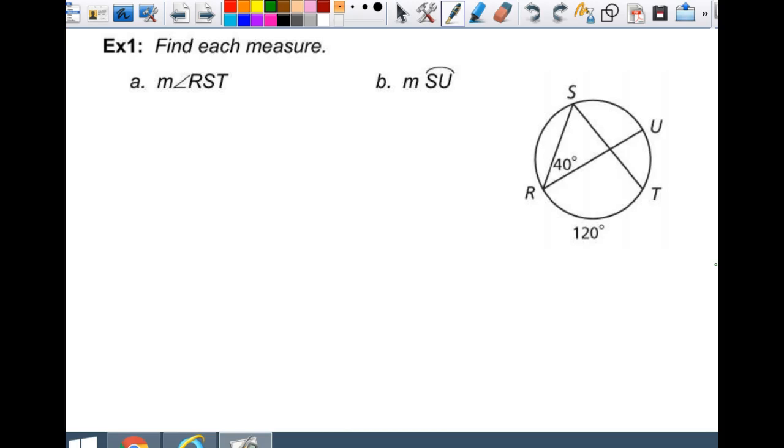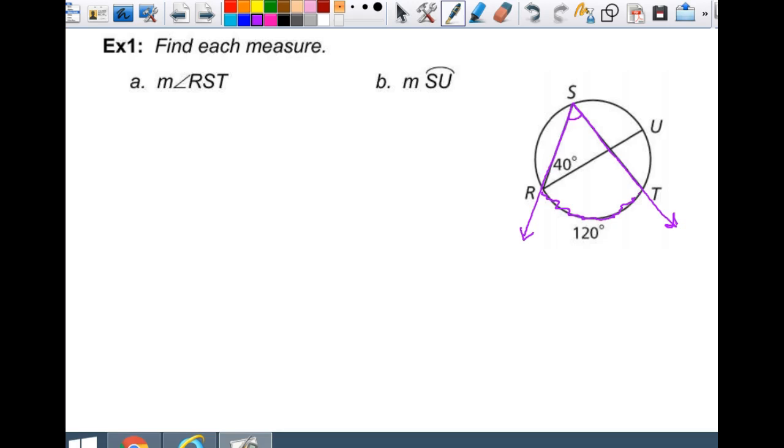Okay. So first thing we're going to do is we are looking for the measure of angle RST. Okay. So RST is this angle right here. So I'm going to extend the angle out past the circle itself so that it looks like that. So that when I do that, it is really obvious what the intercepted arc is. It's arc RT right there.